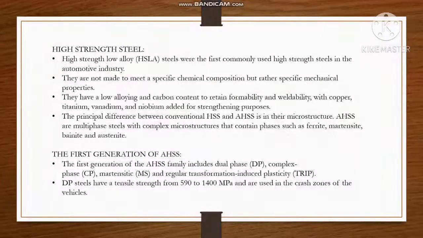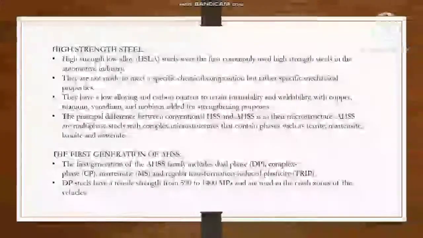AHSS are multiphase steels with complex microstructures that contain phases such as ferrite, martensite, bainite, and austenite.